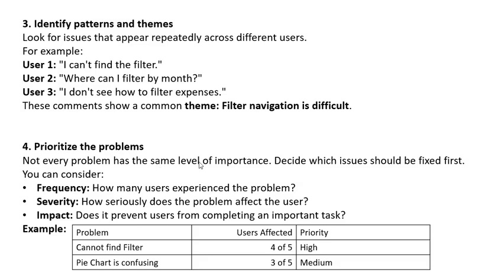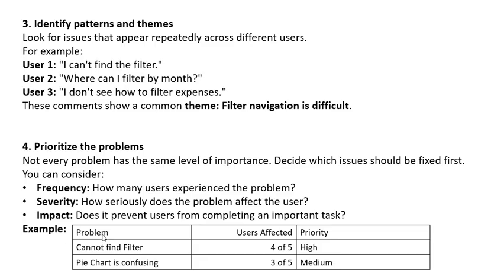Fourth, prioritize the problems. Not every problem has the same level of importance, so decide which issues should be fixed first. You can consider frequency, meaning how many users experienced the problem, severity, meaning how seriously the problem affects the users, and impact, meaning whether it prevents users from completing an important task.